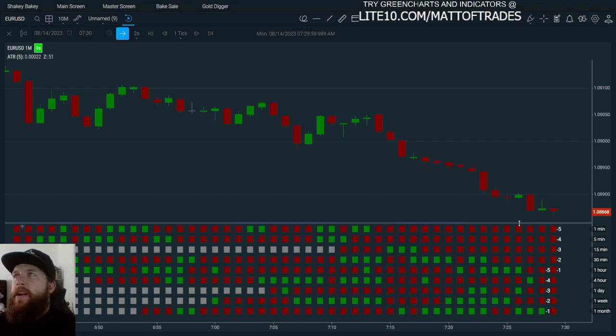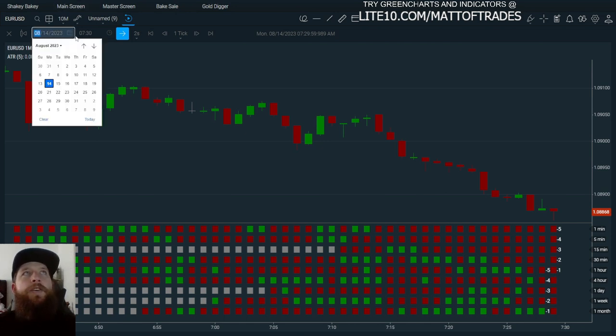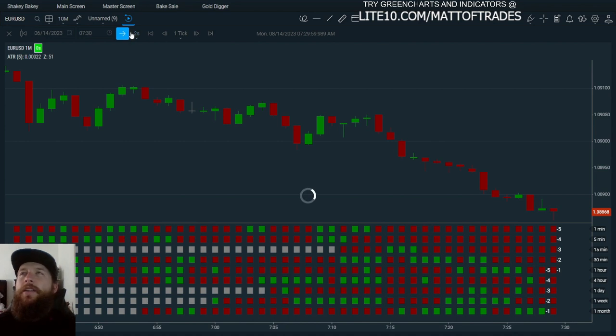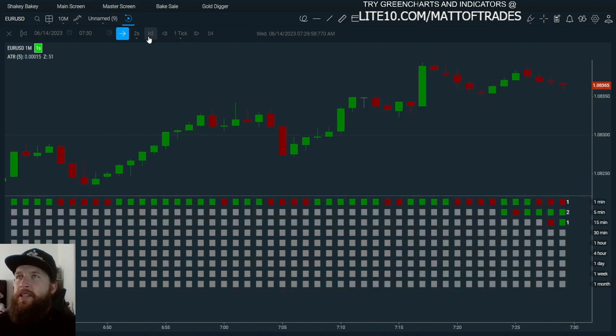There are quite a few different ways that you can use this indicator. Obviously, it can tell you what the trend direction is, and it just so happened that I picked a day where it's perfectly showing you that everything is bearish. Let's go to another random day, back a couple months to June 14th, and see what that's looking like.